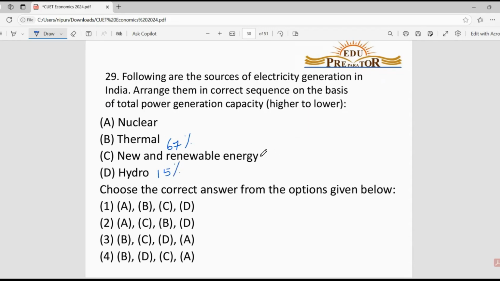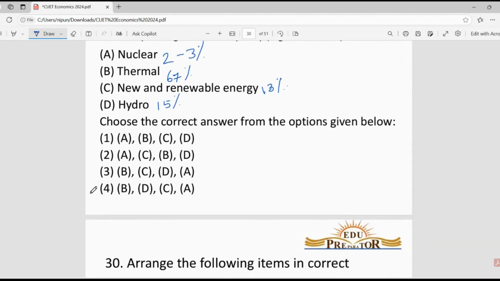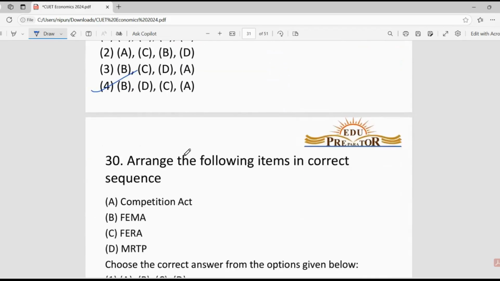New and renewable resources comprise of solar, etc., which is almost 13%. And nuclear energy contributes only 2 to 3%. Therefore, it should be BDCA, which means the correct option is option number 4, BDCA.